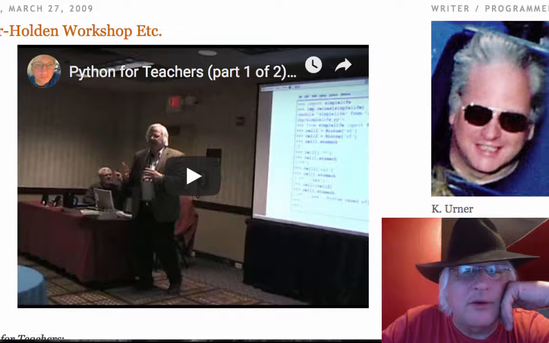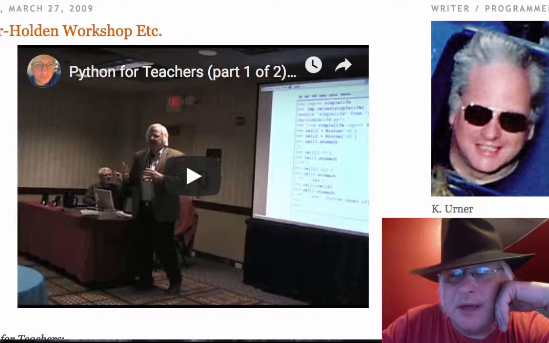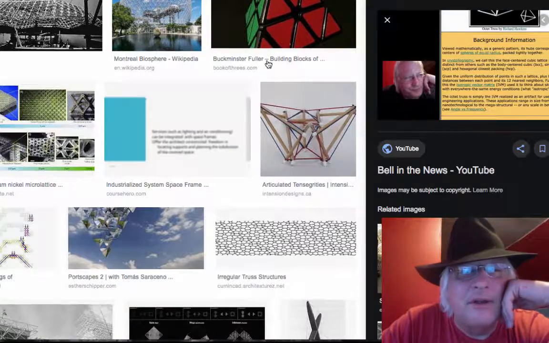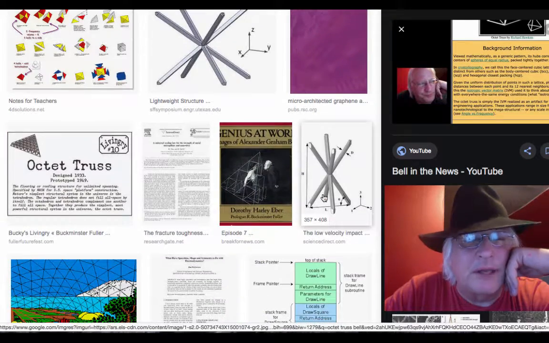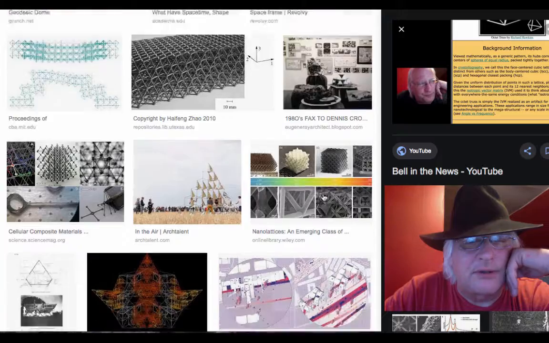That's what they already know. But in some other case, you might come across these two videos and think, well, what was he talking about at the end of the last video? And so this is kind of a video for those who are still curious, where I explain a little bit more. And I talk about the octet truss, right?